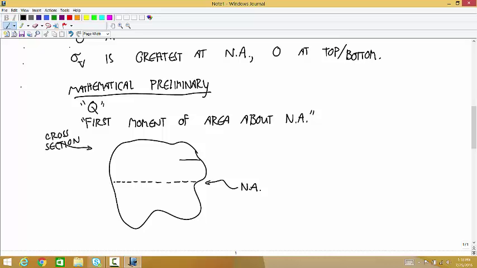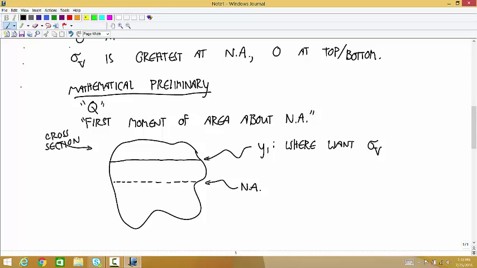And this line y1 is where you're calculating the stress. So this is where you want to calculate the stress due to the shear force.